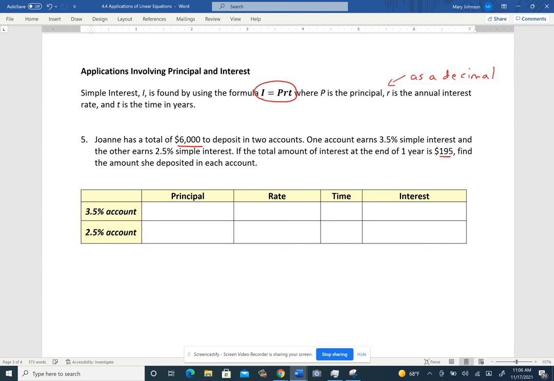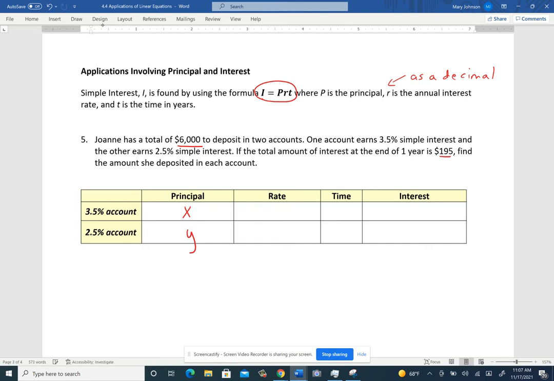And I'm just using a chart to organize the information. But this, if I put an X here, that's like me saying, let X be the amount invested in the 3.5% account. I'm going to let Y be the amount invested in the 2.5% account. All right, so the rate would have to do with that 3.5%.